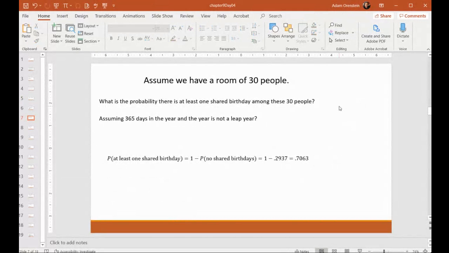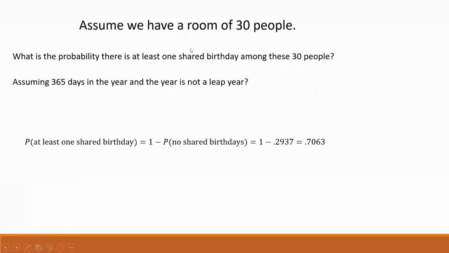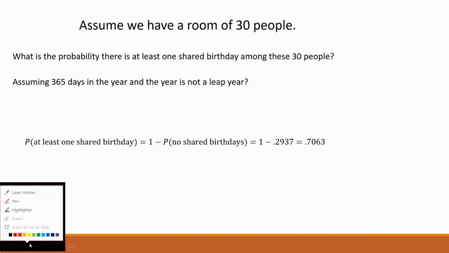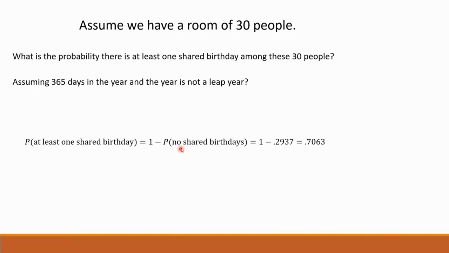We found the probability there are no shared birthdays, which is the complement. We do 1 minus that, and we get our answer.